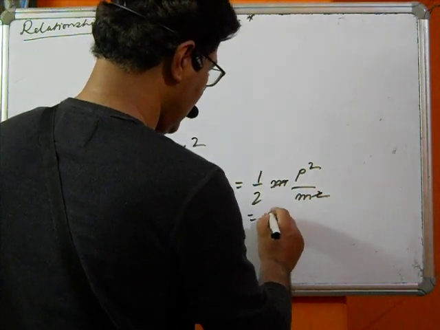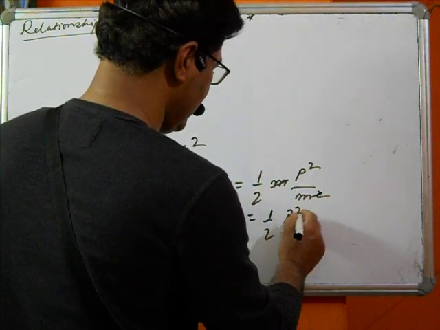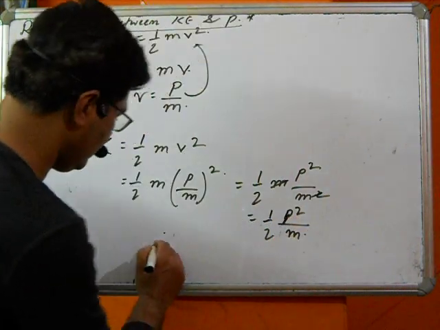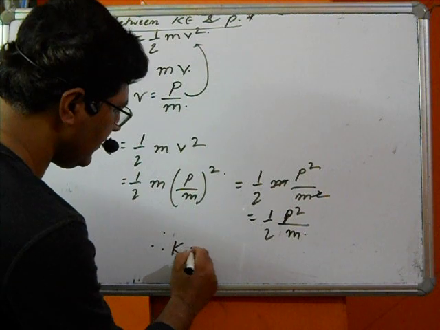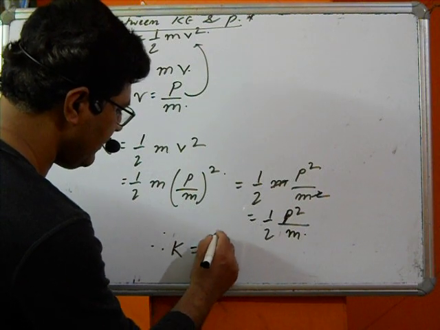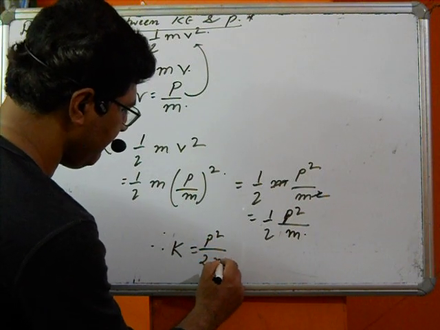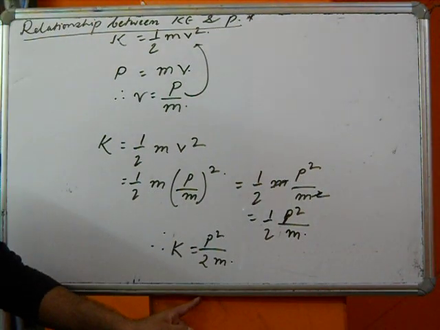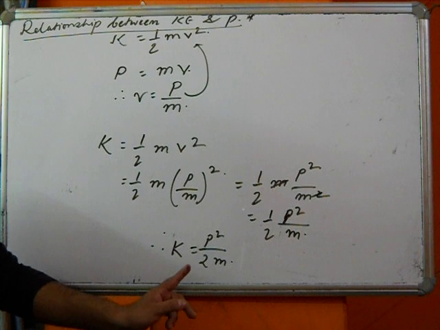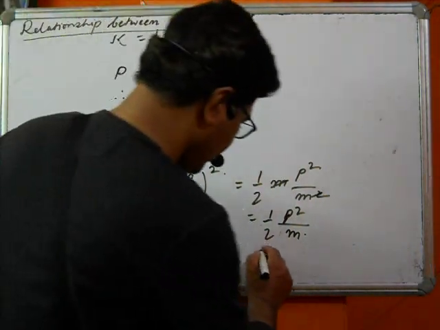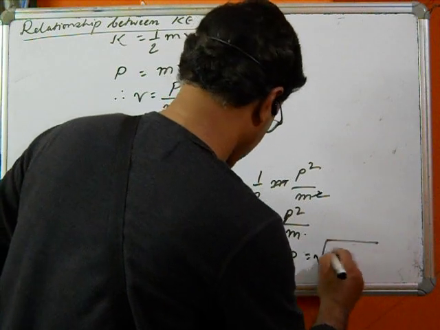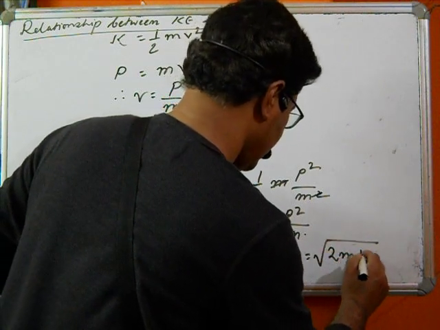M cancels, half p square by m. Therefore, kinetic energy equals p square by 2m. So we can also write momentum equals square root of 2mK.